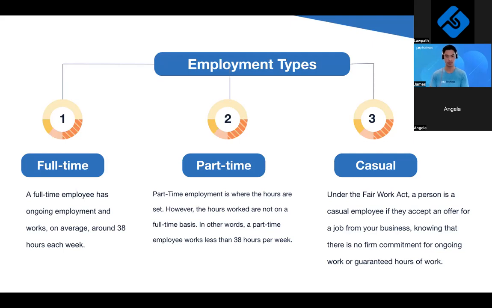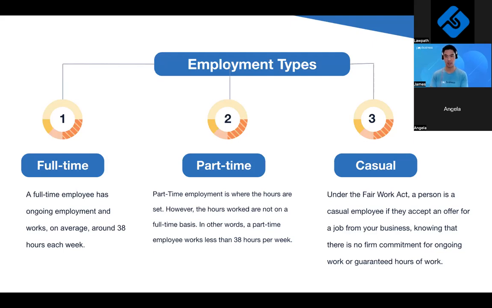Moving on to part-time employees, the Fair Work Australia definition of a part-time employee is anyone who is employed on a permanent or ongoing basis that works less than 38 hours a week. The difference there is just the working requirement per week.